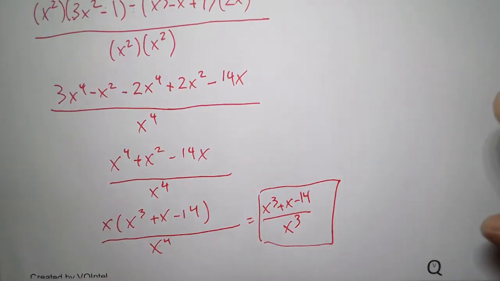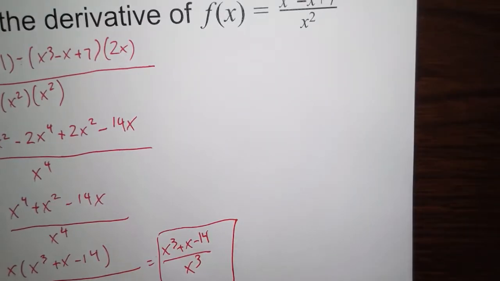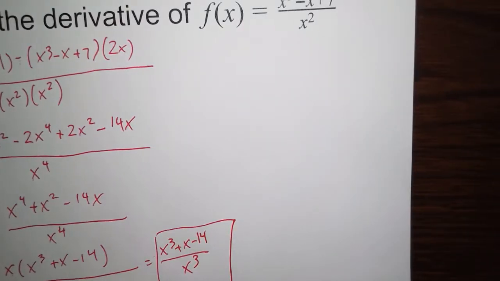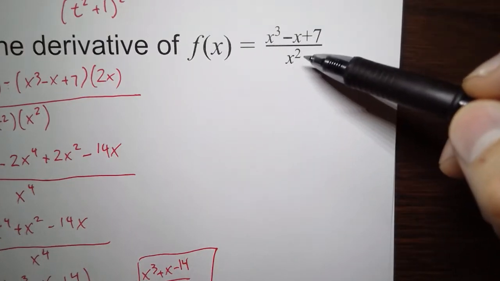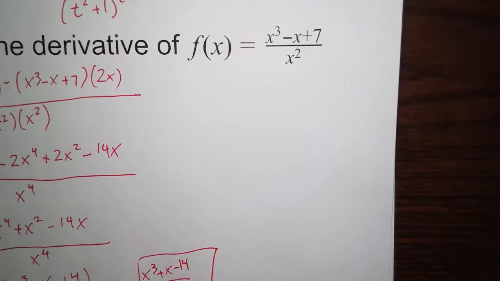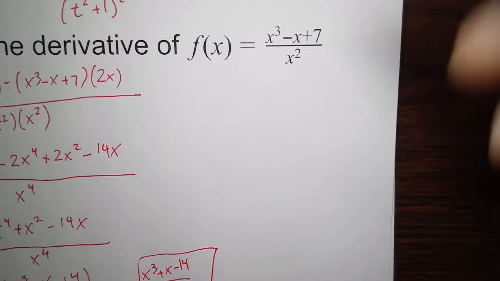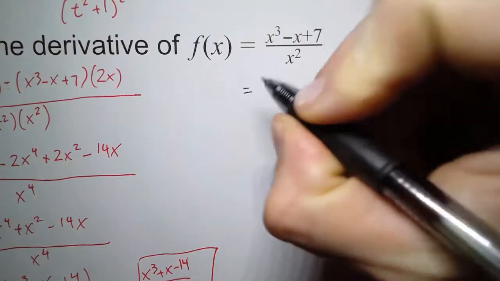Now, I said that I would simplify this so that we don't have to use quotient rule, because it's important to know when to use it, but also when you can avoid using it. So looking up here, we couldn't simplify the first one because there were multiple terms in the denominator, but here there's only one term. It's just x squared. So what we can do is we can rewrite f of x.